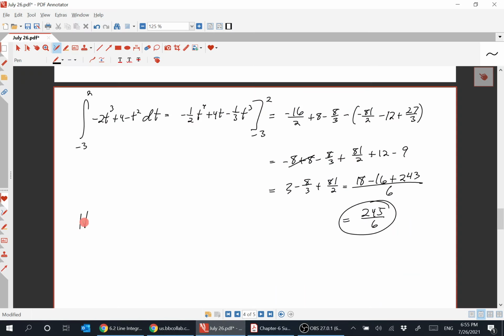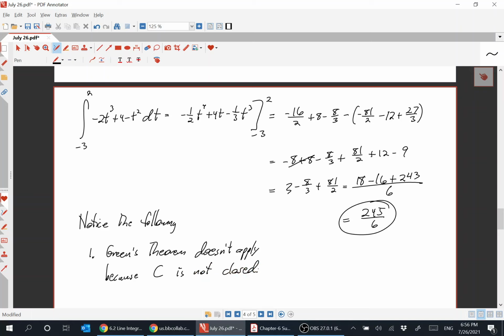So notice the following. Green's theorem doesn't apply because the curve is not closed.